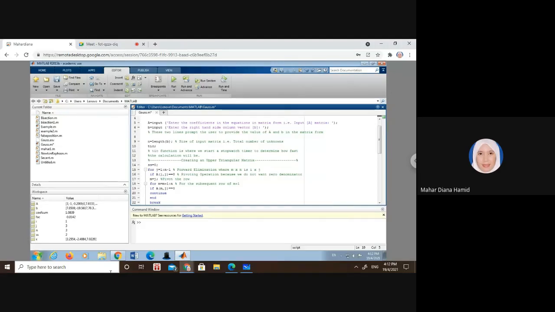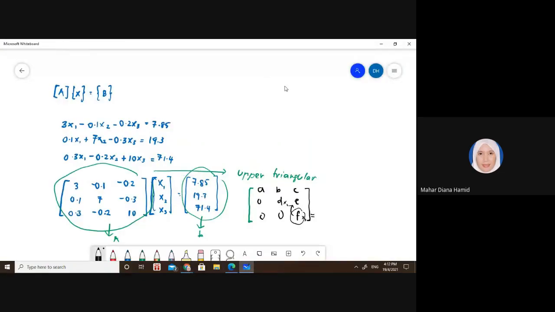SS equals to 0. So SS is actually a syntax. State space.